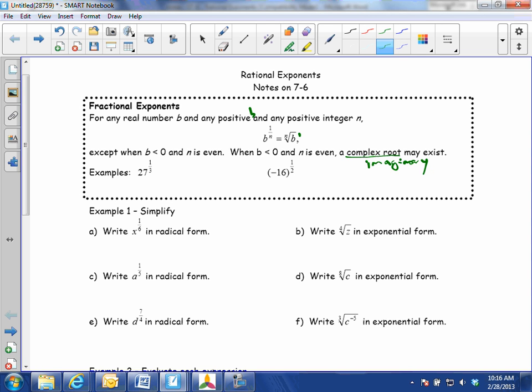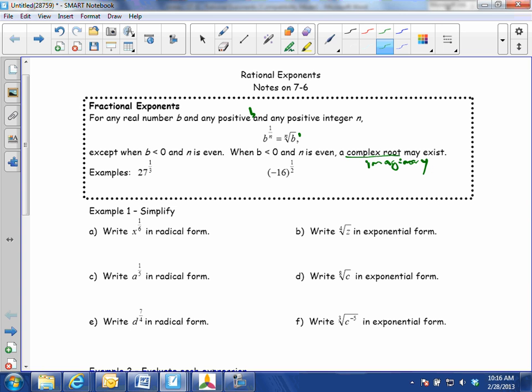Okay? Imaginary numbers only happen when we have an even root, so a square root, fourth root, sixth root, whatever, and b is less than 0, meaning we have a negative. For example, how can I take this one, 27 to the 1/3, and write it as a box?